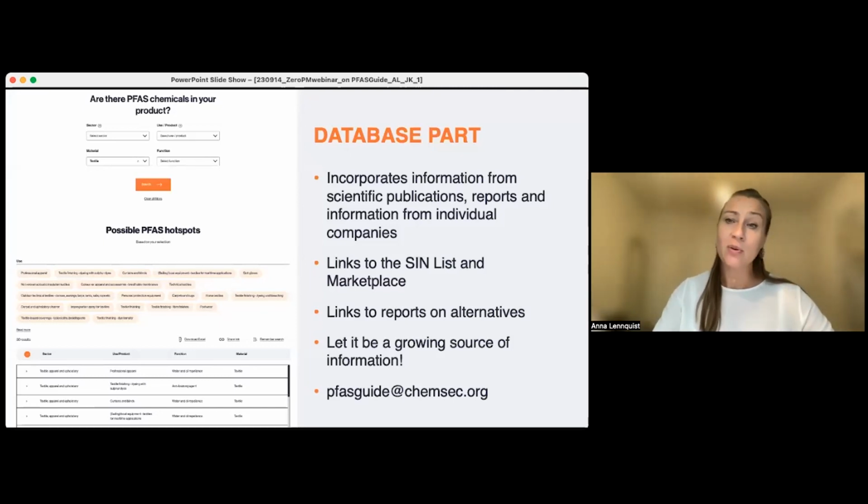So the PFAS guide also holds a database that consists of PFAS uses, materials, and functions. And the idea is that you should be able to use these curtains, I think you call them. You can scroll down and you can find different products and functions and see if your business or your type of products or materials is likely to have PFAS.